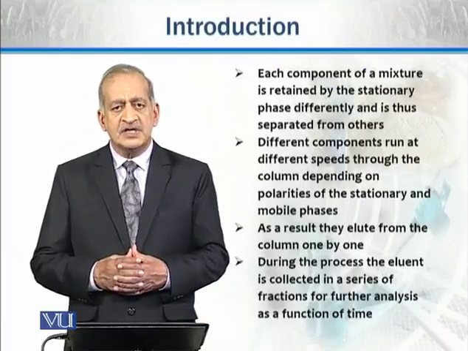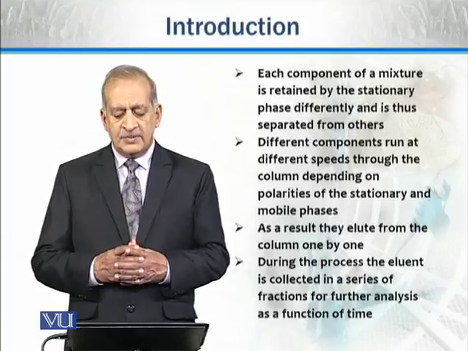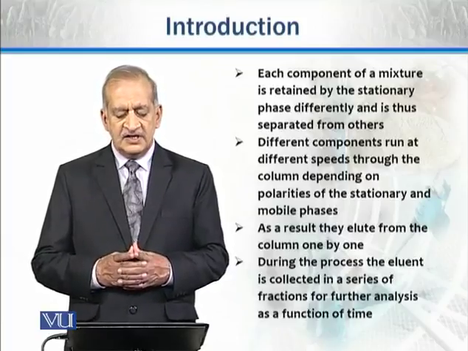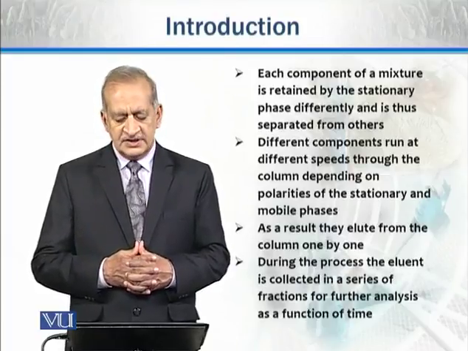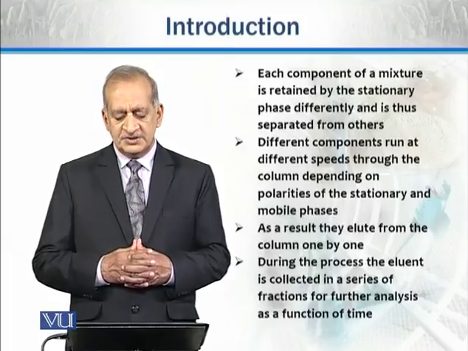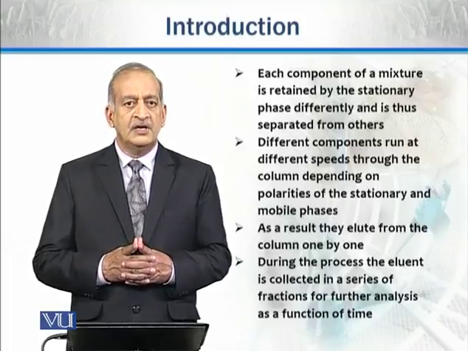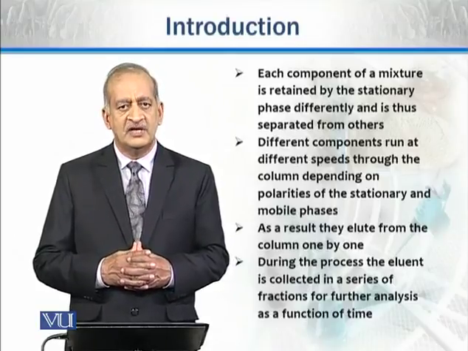Now, each component of a mixture is retained by the stationary phase differently, and in this way their separation takes place. Different components run at different speeds through the column depending on the polarities of the stationary and the mobile phase.